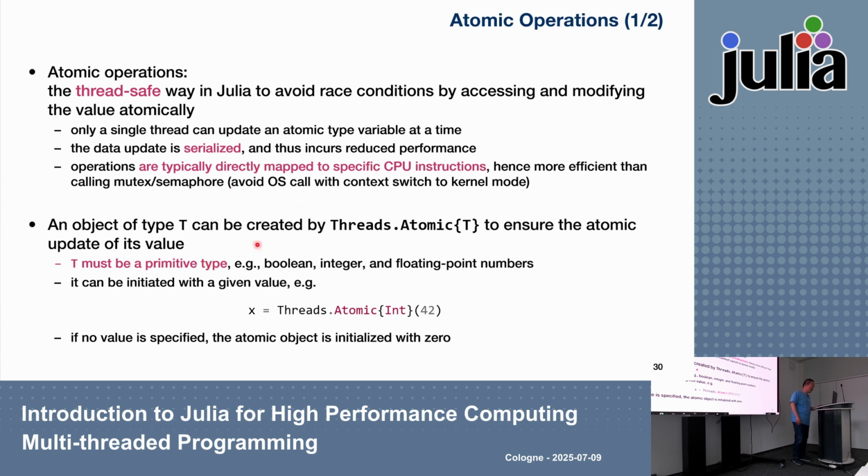In Julia, you can create the so-called atomic object by using Threads.Atomic followed by the type of the variable, to create a special atomic object so that this variable will only be updated by a single thread. The type of this atomic object is limited to basic types, for example Boolean, integer or floating point numbers, not applicable to structures.